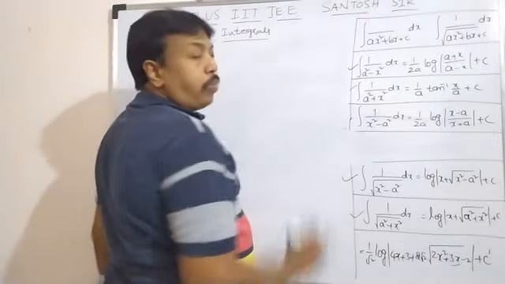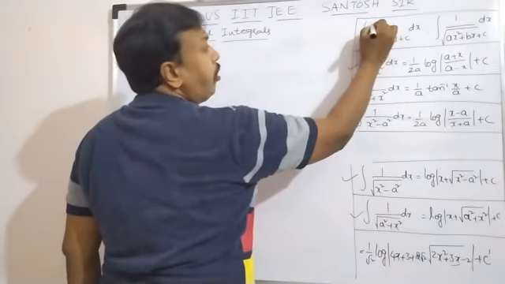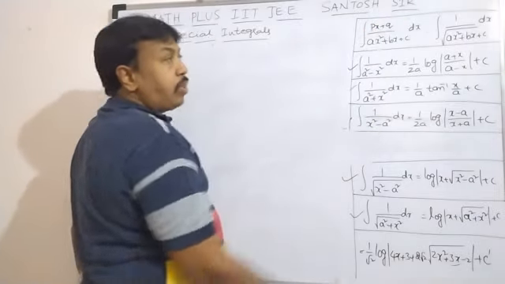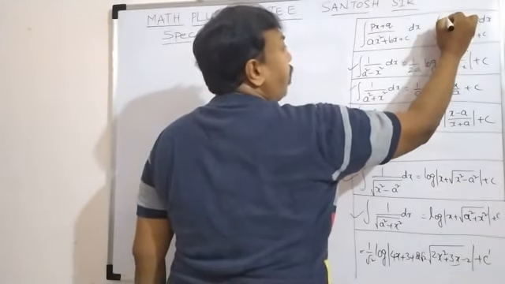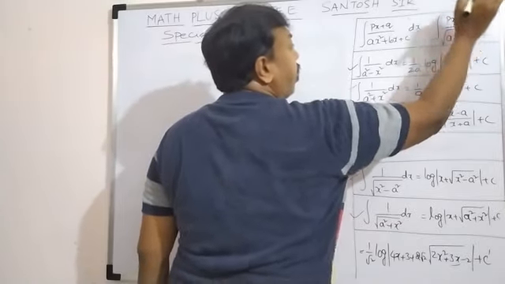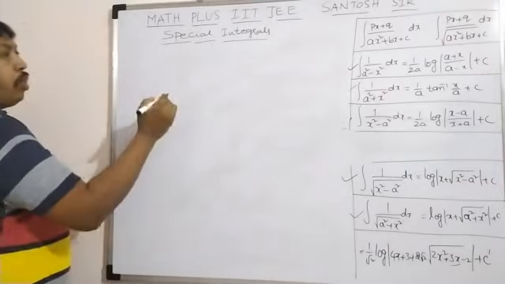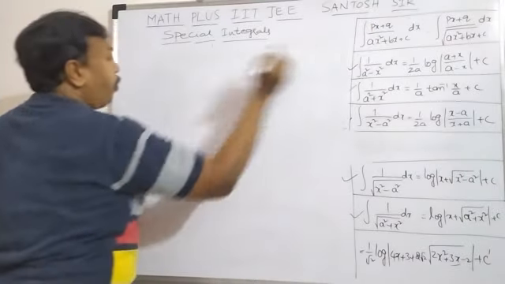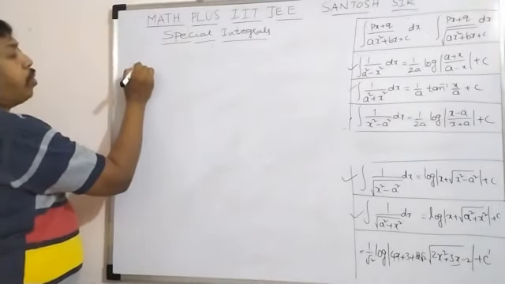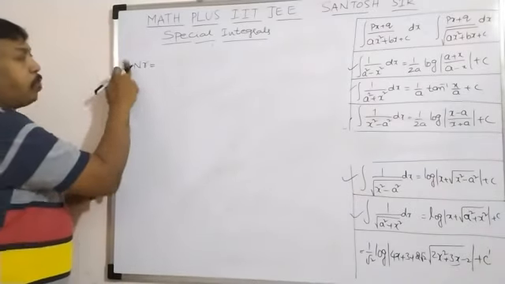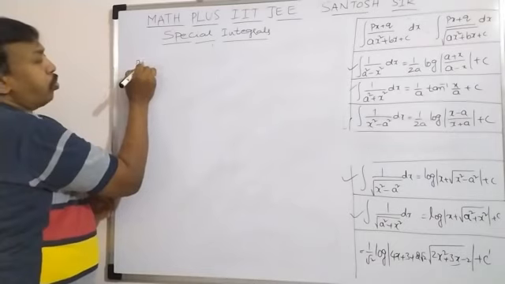For example, in the same format, in the numerator, if there is a linear function, how should we do the integration? So if the integrand is of these 2 types, what we need to do is write the numerator, that is px plus q.